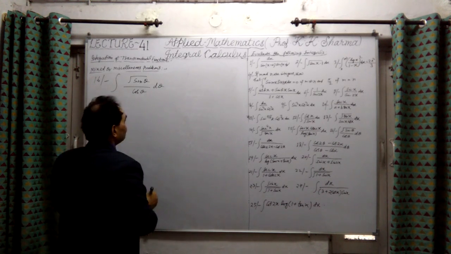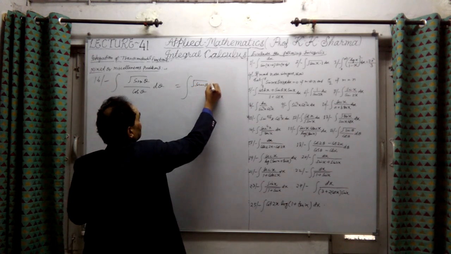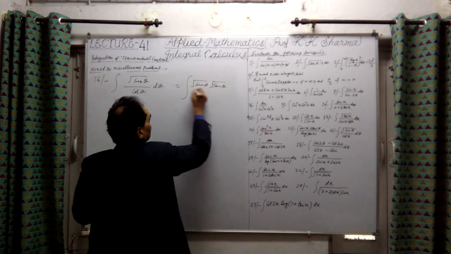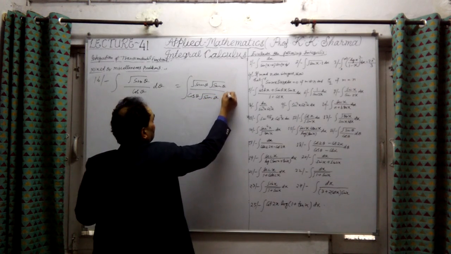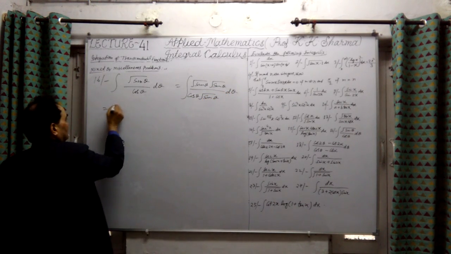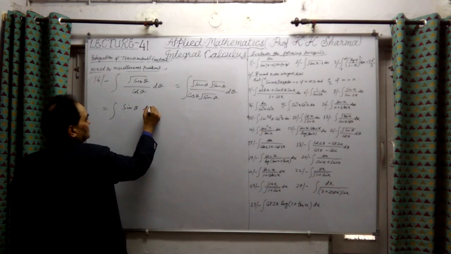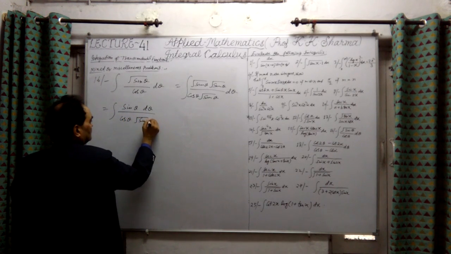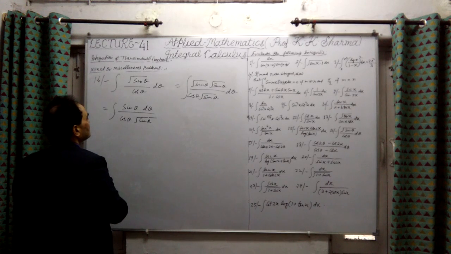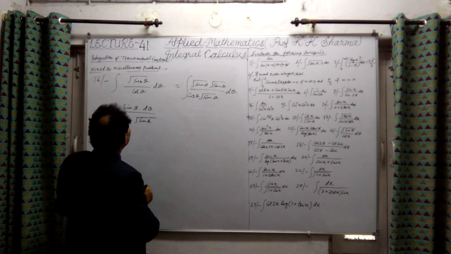It can be written as under root sin theta into under root sin theta upon cos theta under root sin theta into d theta, that is equal to sin theta into d theta divided by cos theta under root sin theta.